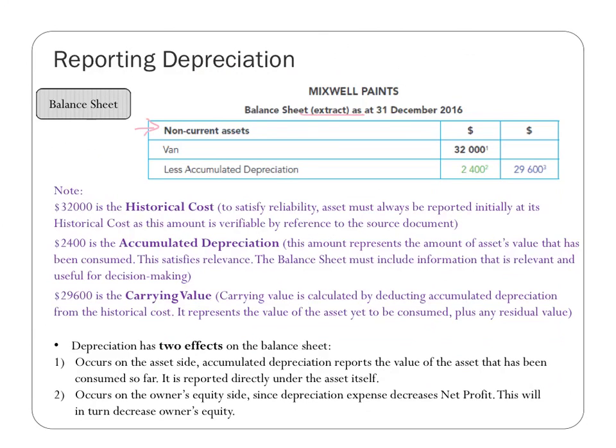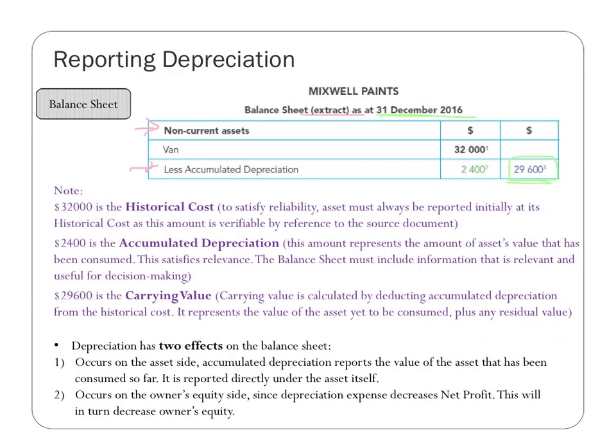And you have a separate line here, less accumulated depreciation. That's how much depreciation there is to date, 2,400. You use this figure, 2,400 subtracted away from 32,000. This gives you the subtotal for the van in terms of its worth, the value of the van as at 31st December 2016.